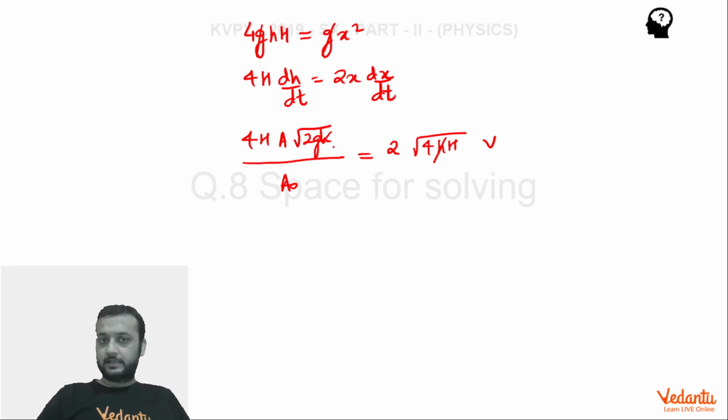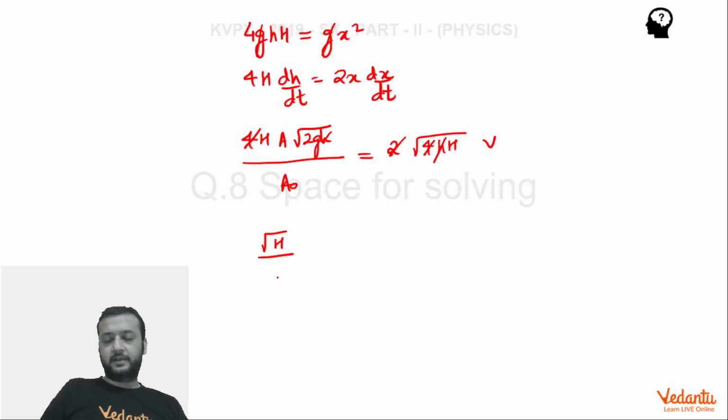H and h will cancel, and the 2 and the 4 will reduce it. Here root 2 g is remaining, and the h under the root will make it root h. This A by A naught is 500, no, 100 sorry, not 500.